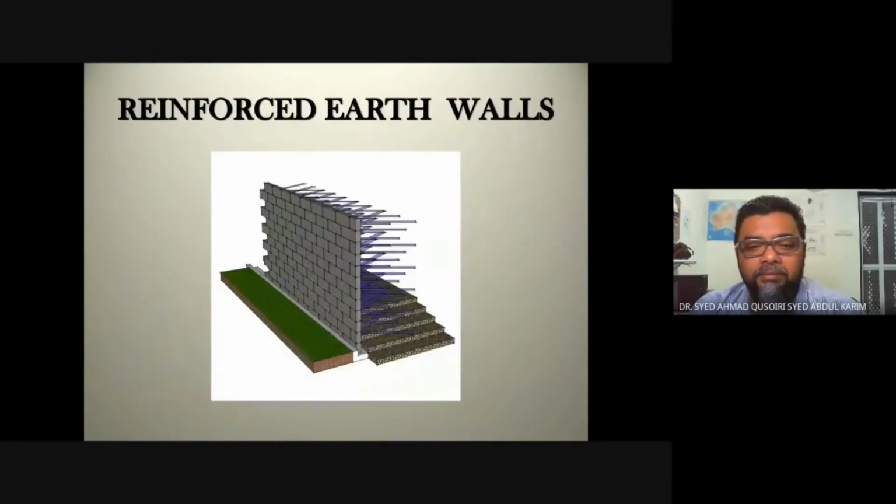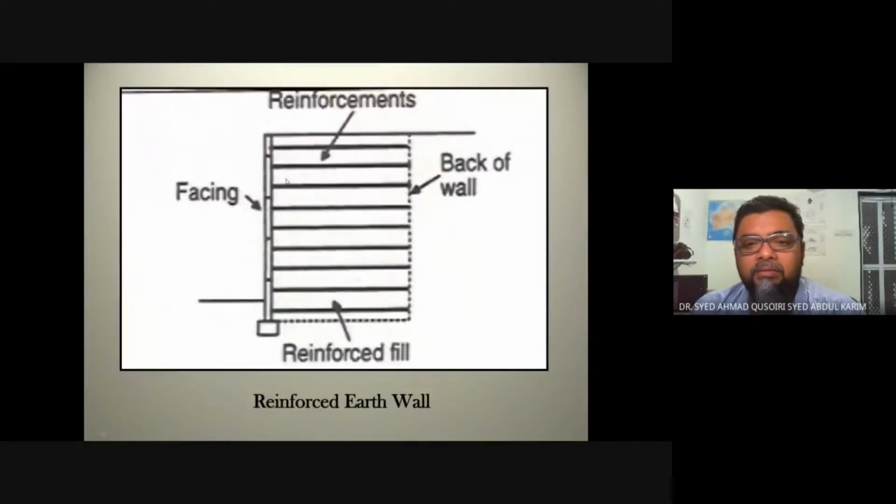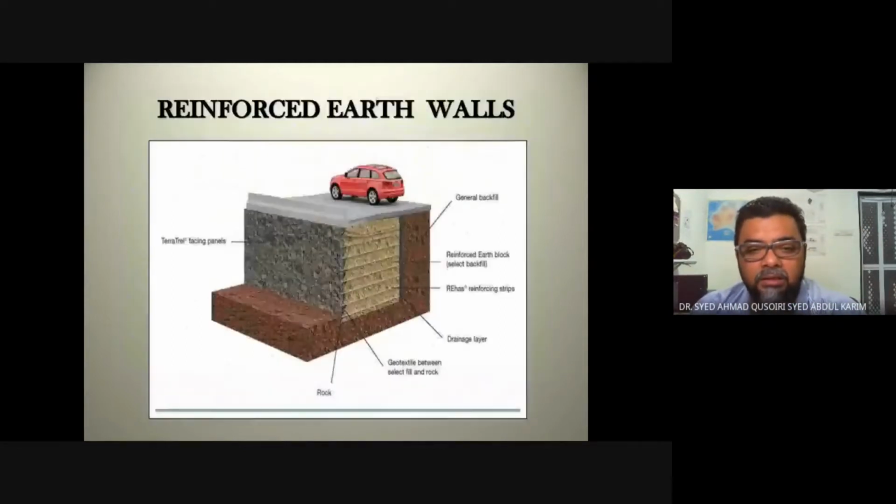It's just that you have to dig up the soil in this area, then arrange the panels with the reinforcement in place, and then fill this void with granular material. So it will hold the reinforcement in place. If we are using the previous method, we have to drill through the soil.